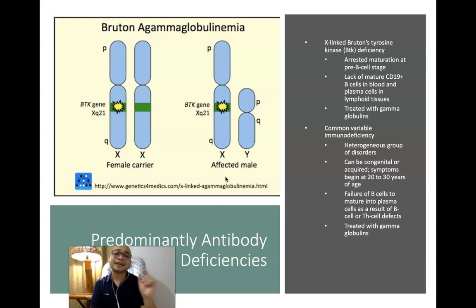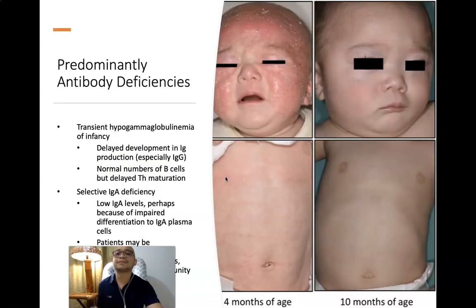In common variable immunodeficiency, there is a failure of B cells to mature into plasma cells as a result of a B cell or T helper cell defect. So just like X-linked Bruton's tyrosine kinase deficiency, it is also treated with gamma globulins.